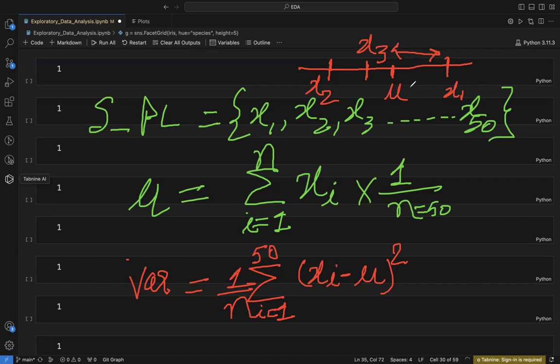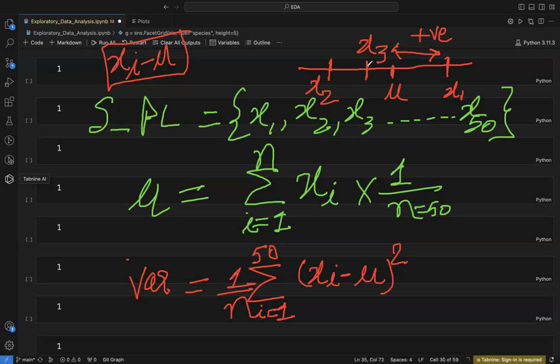For the time being, let's forget this square and calculate xi minus mu. On this number line, this point has a greater value than the mean, so if I subtract xi minus mu, I will get some positive value. That is, my distance will come out to be positive.